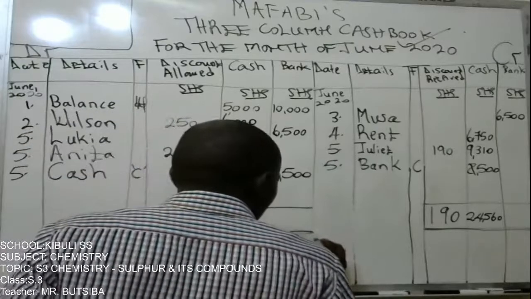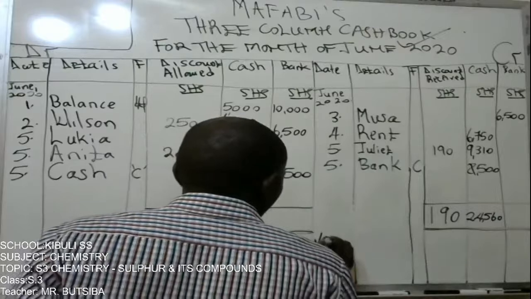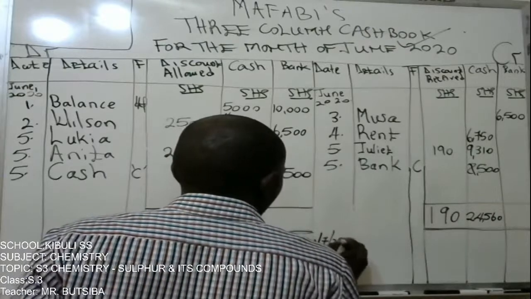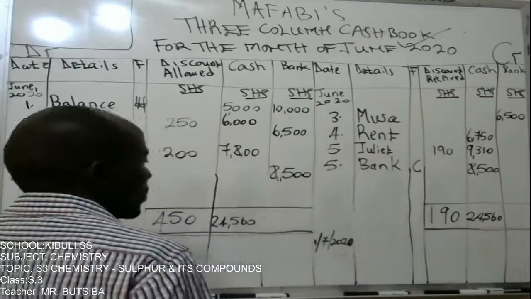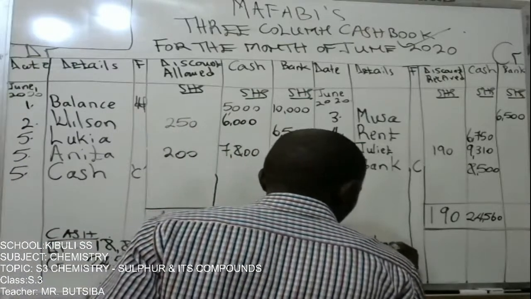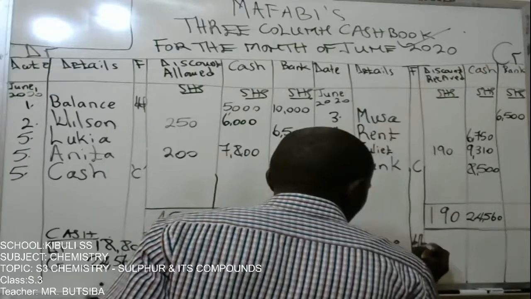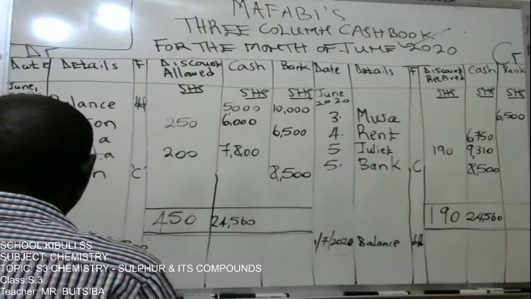So you come on the first date of the new month, which is 1st July 2020. Then you have your balance brought down. We are going to get the amount by getting the difference.